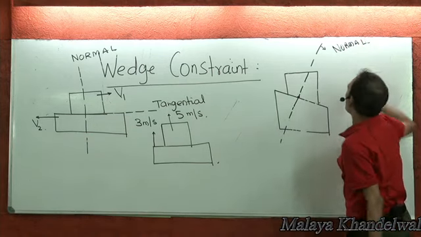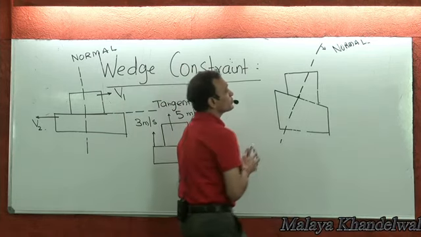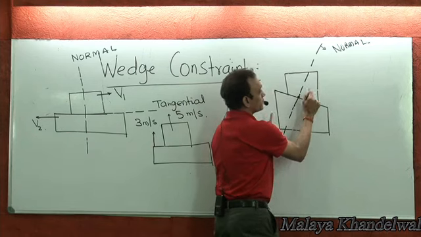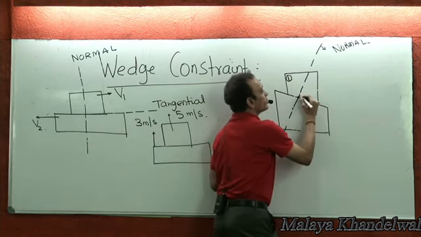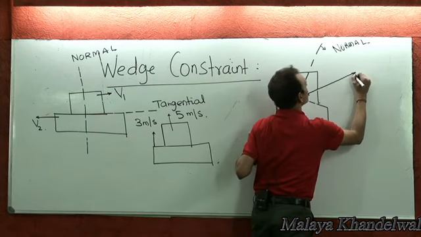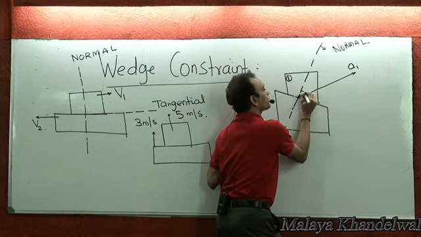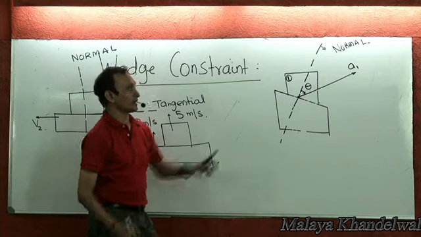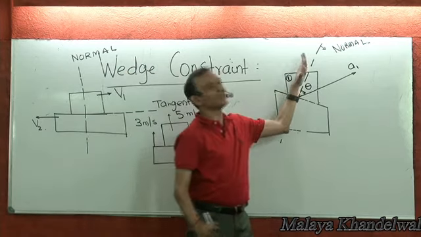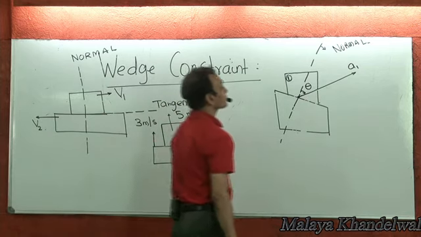Now, suppose this body 1, the surface associated with body 1, had an acceleration a1, making an angle theta with the common normal direction.